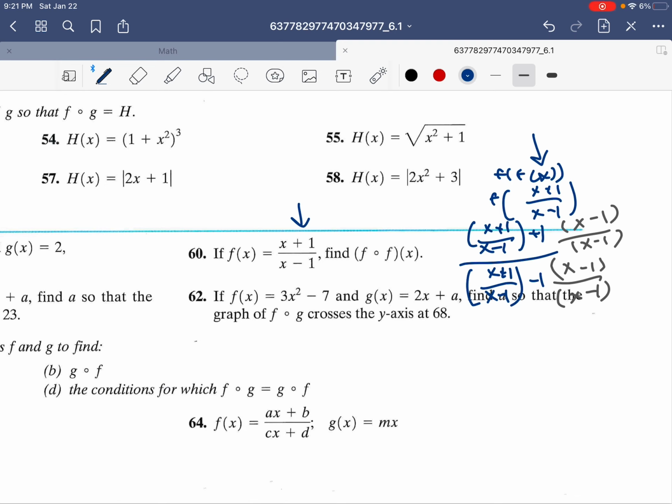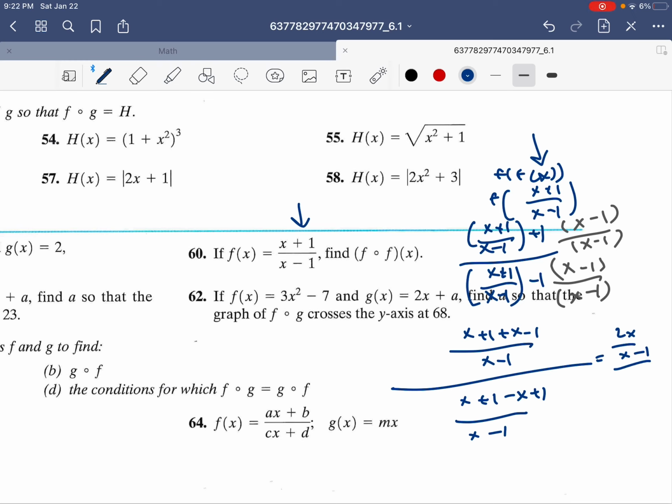Okay, so this is what you get, and it's going to simplify to 2x over x minus 1 over 2 over x minus 1. And here, x minus 1, so you know x cannot equal 1.